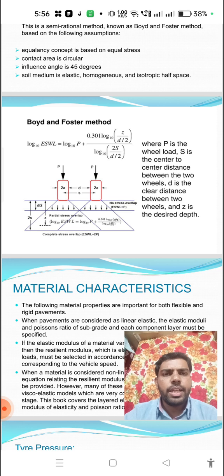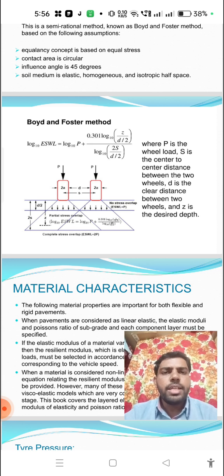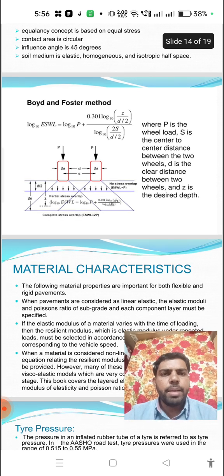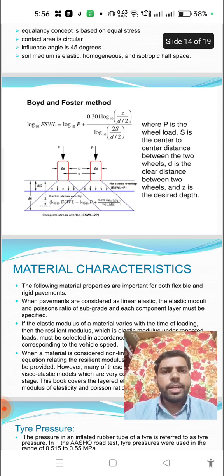That equation is log base 10 ESWL = log base 10 P + 0.3 log base 10 (Z/(D/2)) / log base 10 2, where P is the total load of the vehicle, Z is the desired depth at which the load acts, and D is the depth of the total thickness.